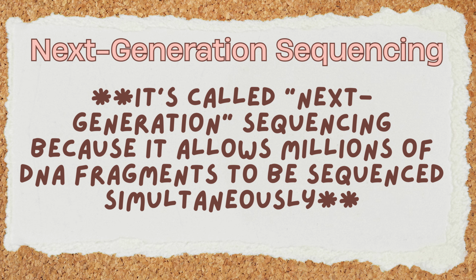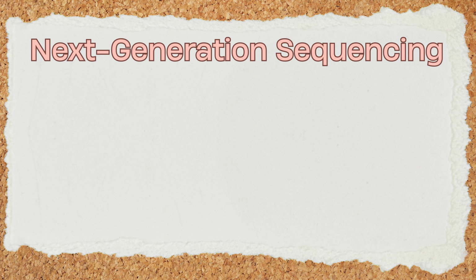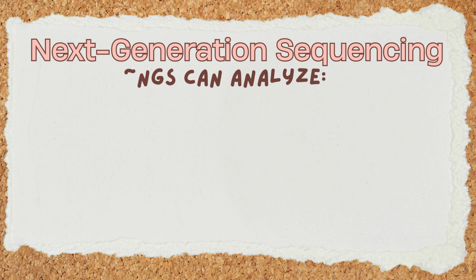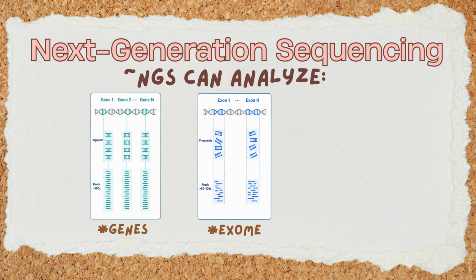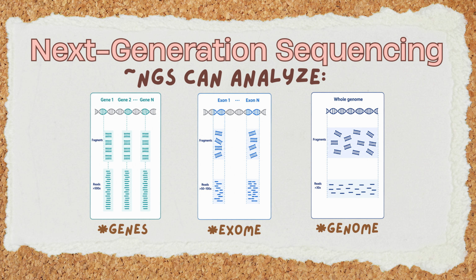The reason it's called next-generation sequencing is because it allows millions of DNA fragments to be sequenced simultaneously, rather than one fragment at a time like older Sanger sequencing methods. So instead of looking at one gene individually, NGS can analyze panels of genes, the exome, meaning all protein coding regions, or even the entire genome.